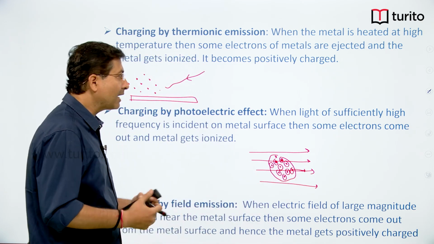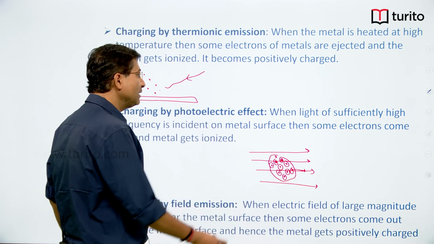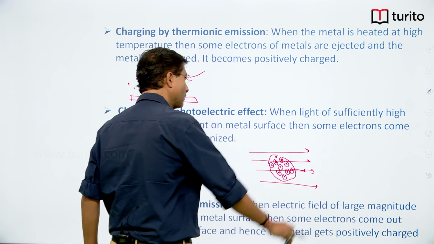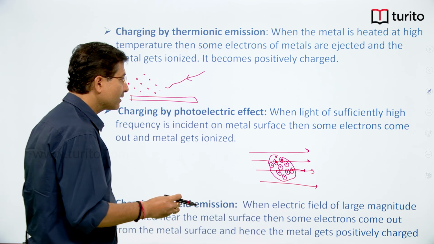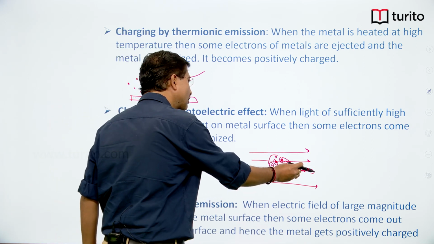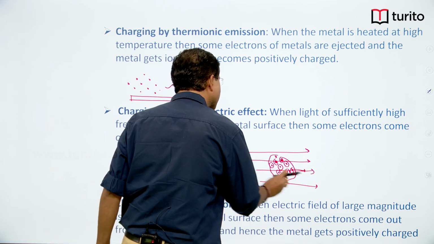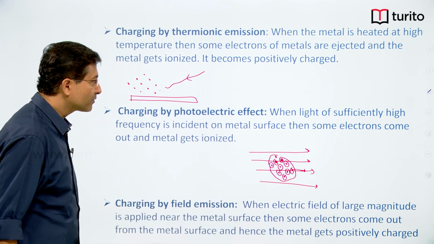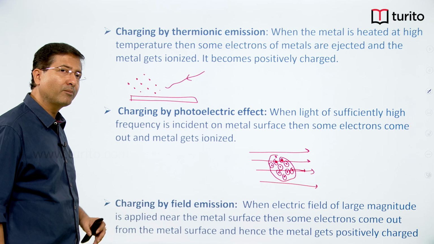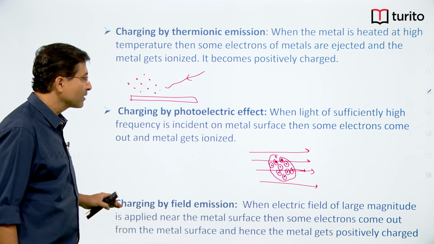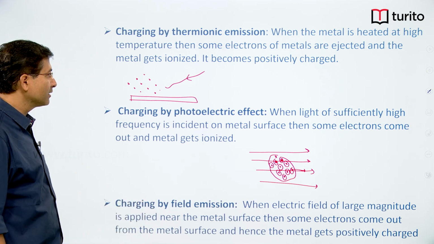If the force is large enough to make the electron leave the conductor, or large enough to make the electron overcome all the forces due to the body, then electrons start coming out and the body becomes positively charged. So this is another way of charging the body.